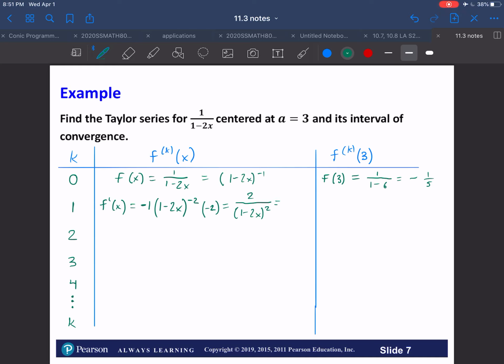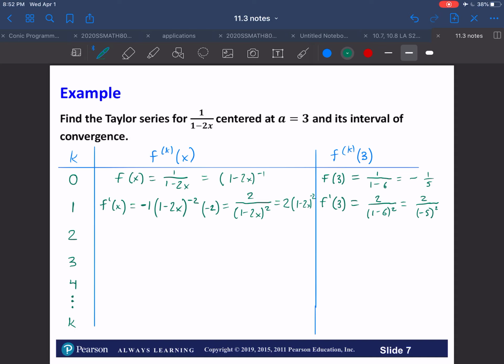And we could once again rewrite this, if we wanted to, as just 2 times 1 minus 2x to the negative 2. Okay, and then if we plug in 3 into this, what we'll end up with is 2 divided by 1 minus 6 squared. And so we could write that as just 2 over negative 5 squared. So I am intentionally not going to simplify this, just so that way I can find a pattern later on.